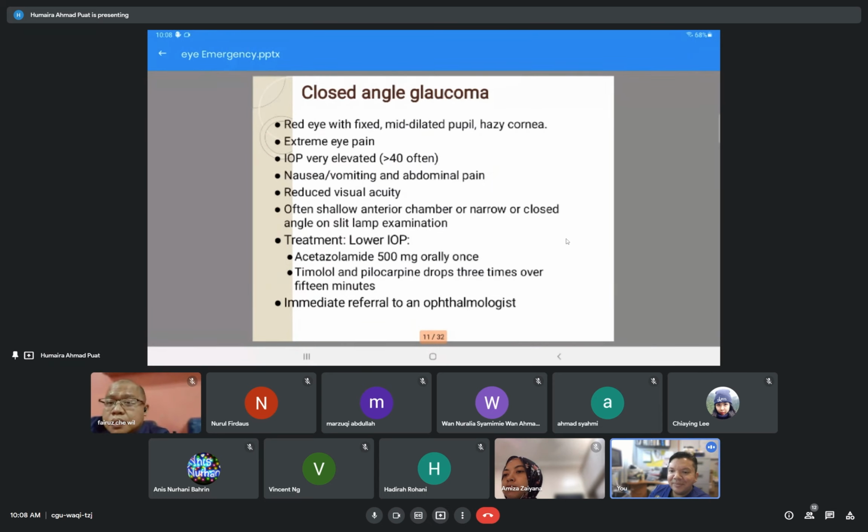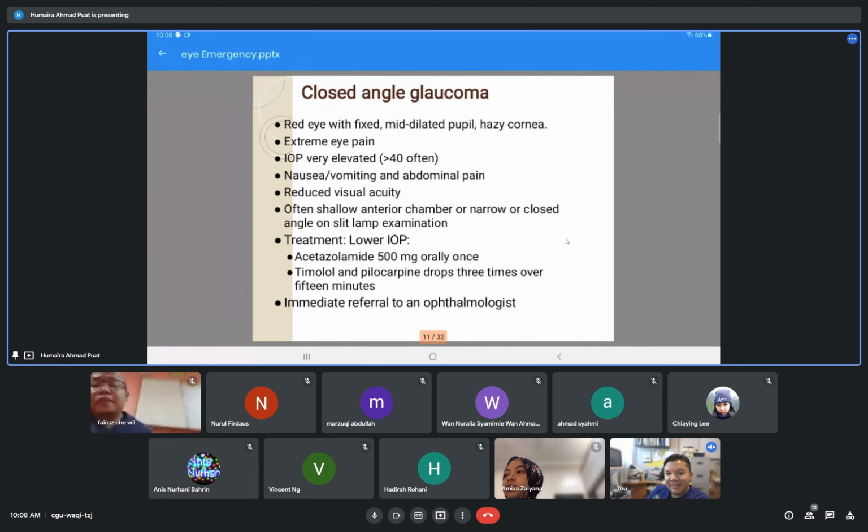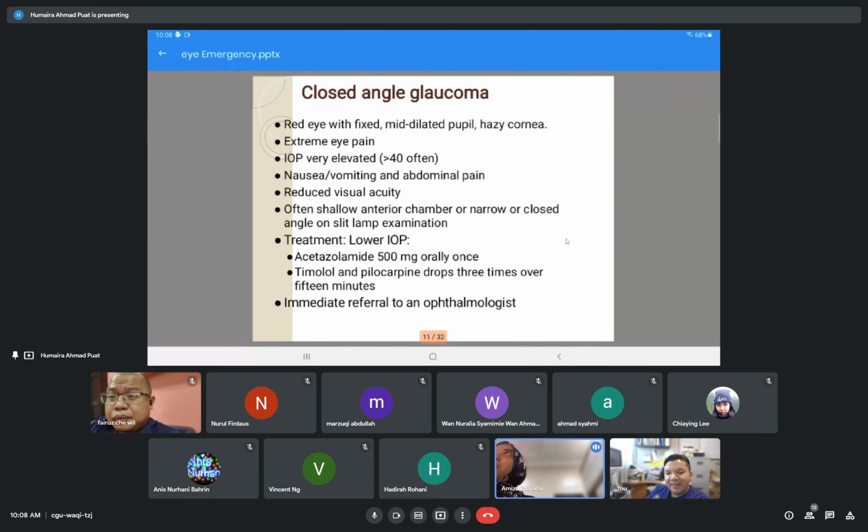Patient come, diarrhea, then sakit perut. Normally you give what? Selalu bagi ORS ataupun abdominal pain, diarrhea.